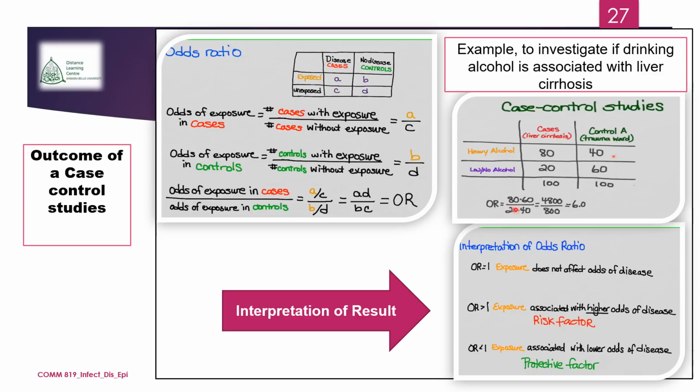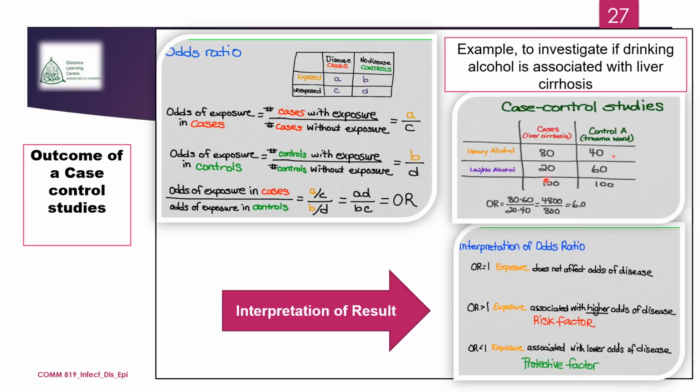You calculate the odds of exposure in cases, which is 80/20, then the odds of exposure in control, which is 40/60. Then you calculate the odds ratio: 80 times 60 divided by 20 times 40, which gives you an odds ratio of 6.0.